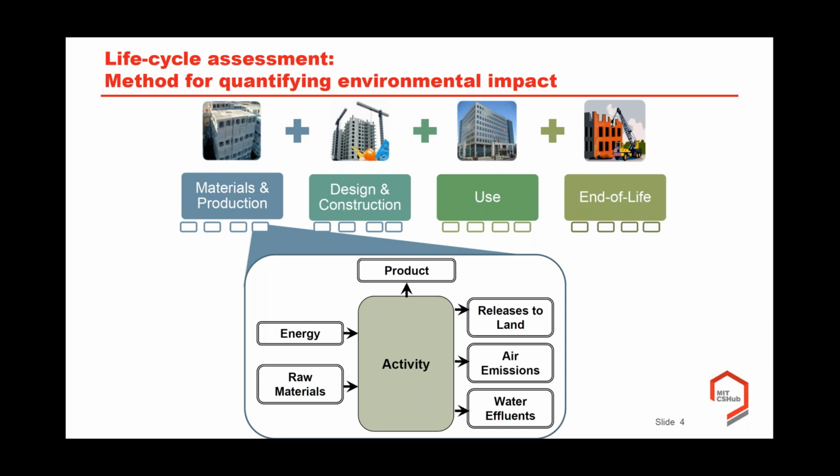And so we track those throughout the entire life cycle. And then we can summarize those environmental impacts using different metrics that might focus on particular elements of that, say air emissions that contribute to climate change, or emissions to land that might affect ecotoxicity, and on and on.